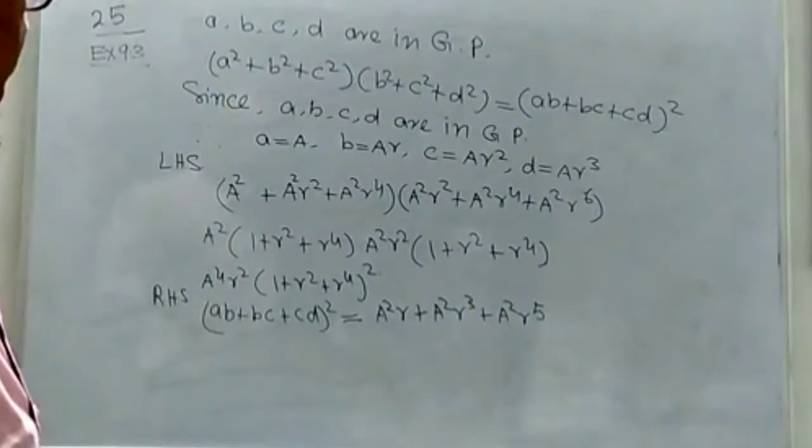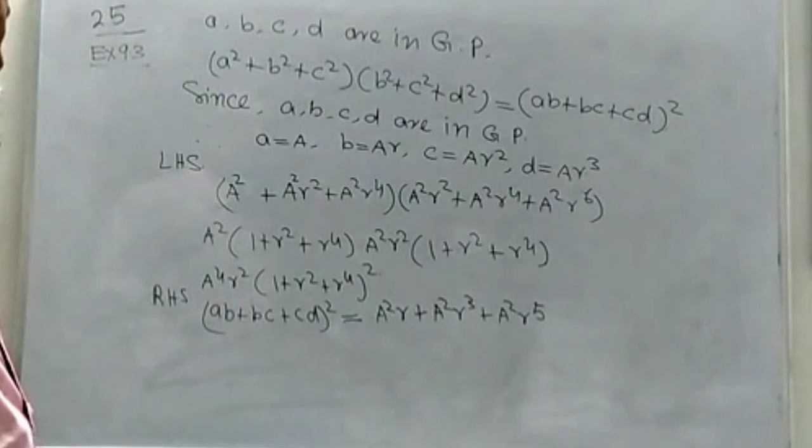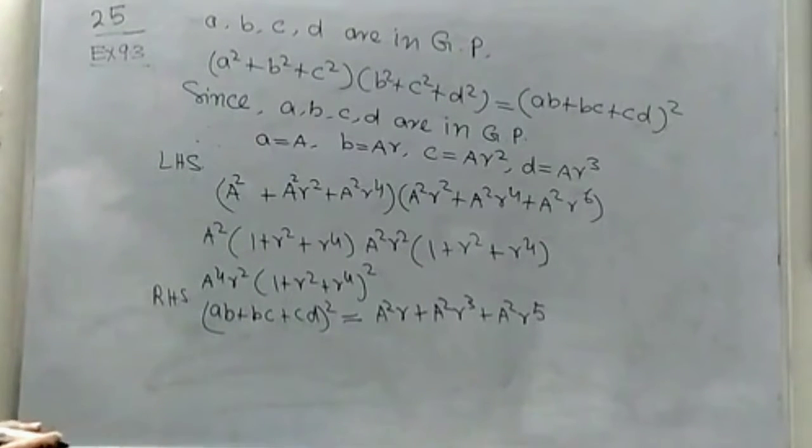So now in the place of BC, a square r to the power 3, CD a square r to the power 5, and AB a square r.